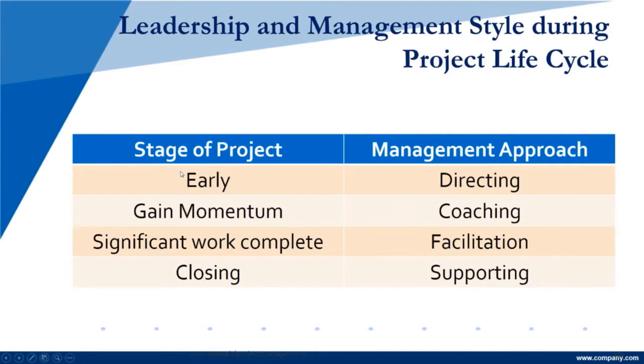Now, leadership and management styles during the project life cycle are interesting. What we have happen is early in the project, a directing type management approach typically is exhibited. Well, that makes sense. We're a directive type personality, a lot of us are.